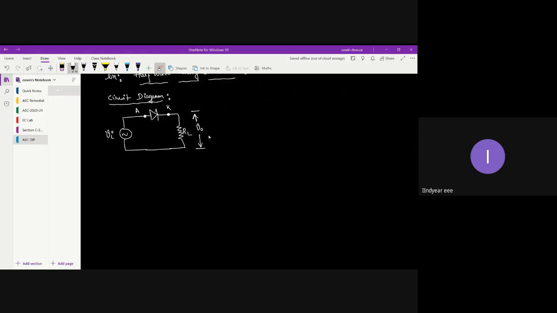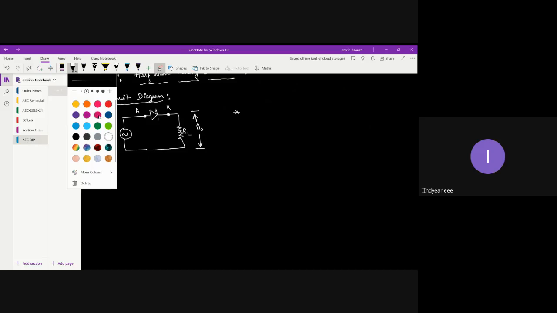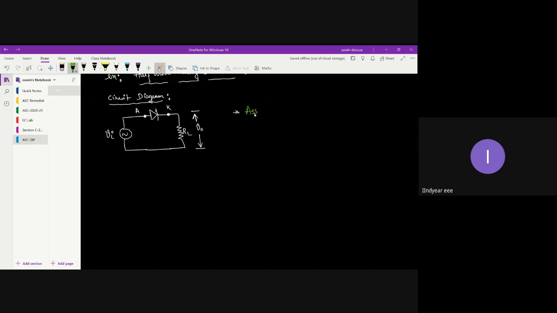Now, let us assume that the diode is ideal. Can anyone tell me what you mean by an ideal diode?